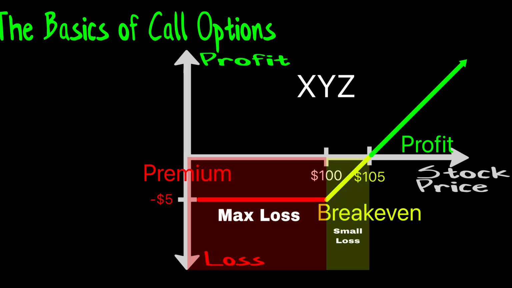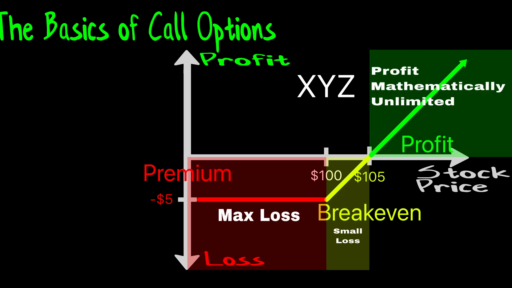If the stock is between the strike price of $100 and the break even of $105, you'll be in the yellow zone and lose less than your max loss. Finally, if the stock is greater than $105 at expiration, you will be in the green zone and make money. Your profit potential is mathematically unlimited.